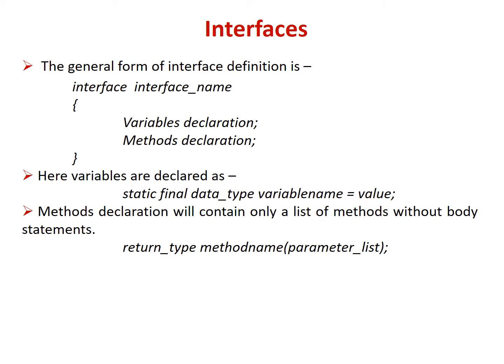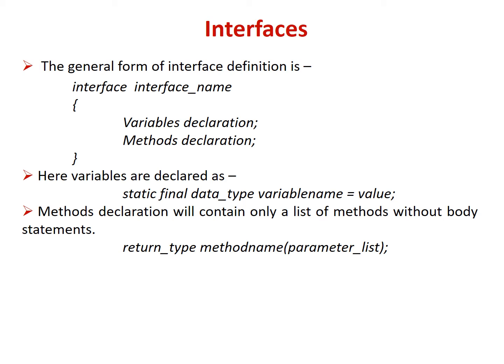Now, here is the general form of interface definition. We define the interface by using the keyword interface. Followed by the keyword interface, we specify the interface name and then we give variable declaration and method declaration of the interface.